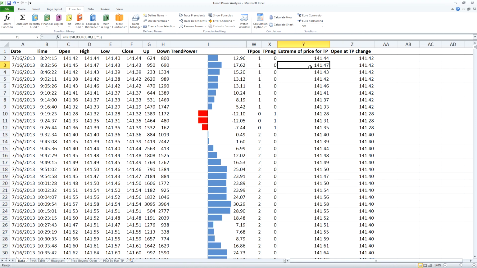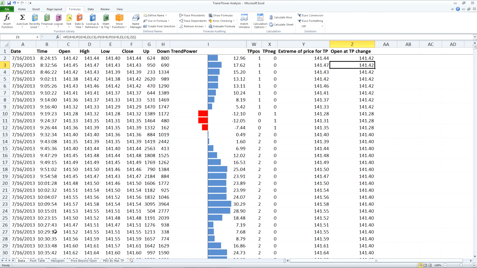Now the fairly straightforward formula for the extreme of price, if you just look at that, was just a simple if statement, a couple of ifs in there, and the open is a little more complicated, but still just using if statements. I'll give you a second to have a look at that.